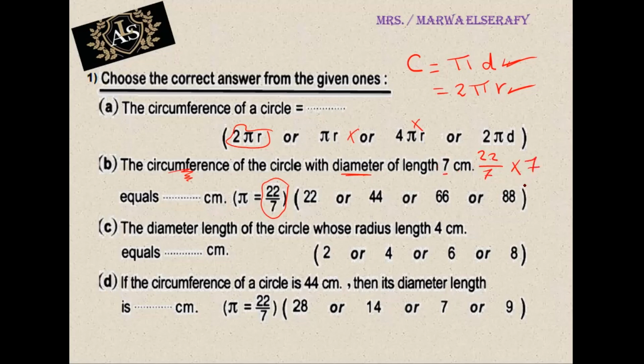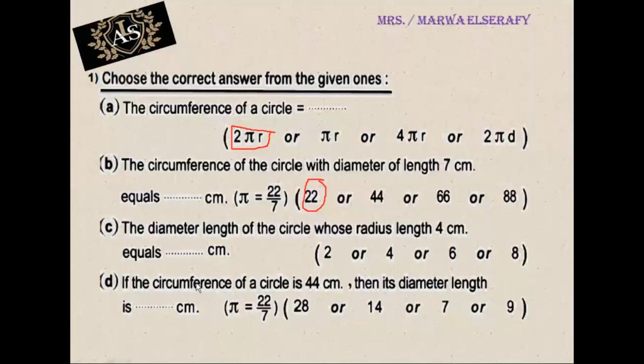By using your calculator or without, you will cancel 7 up with 7 down, and you will choose 22. Number C.